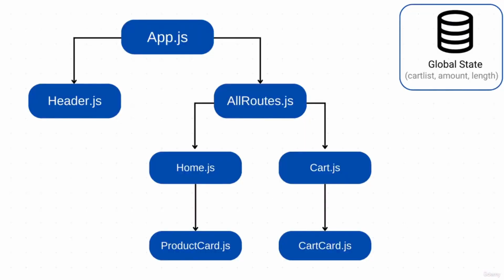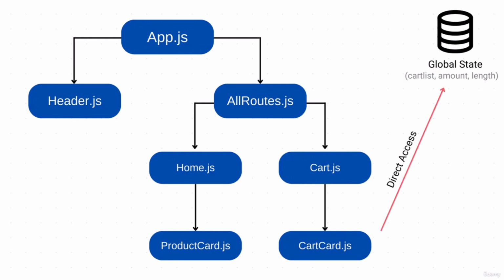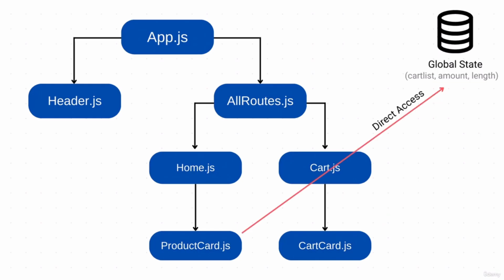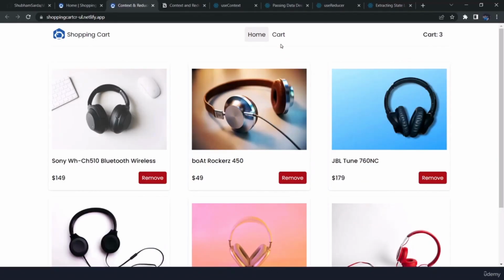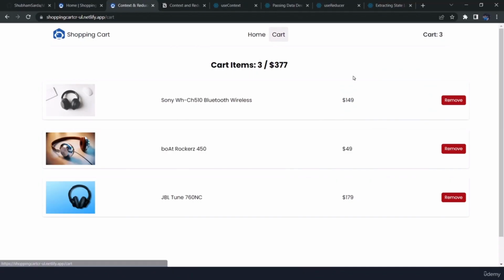That global state can handle our cart list. It can also handle all the information about the total amount, the total value that we need to pay. It can store other stuff as well because it's global. So on any component, on any page, we can access that information. Now if I get onto the cart page, you can see I have access to all the components that are added to this cart.